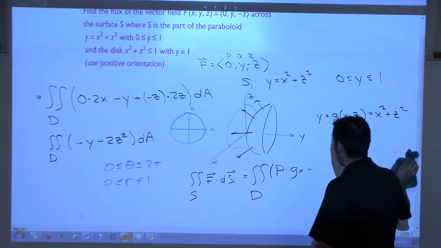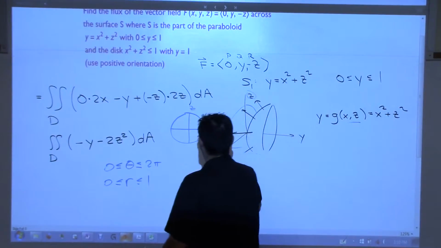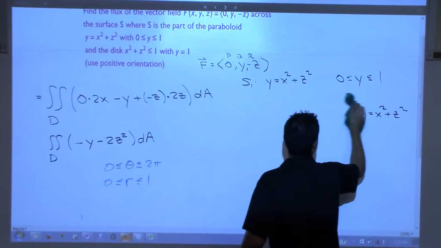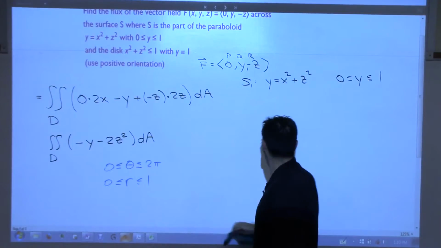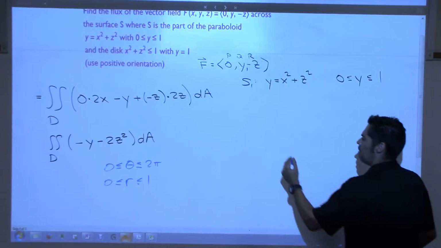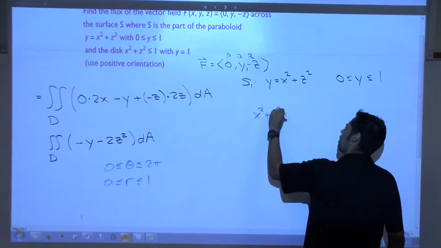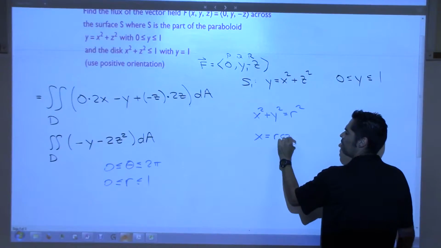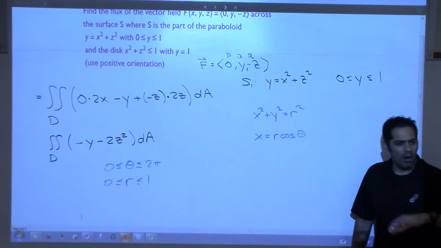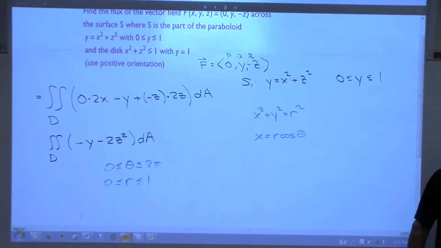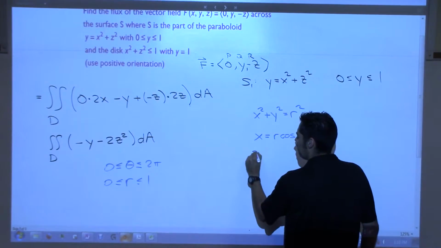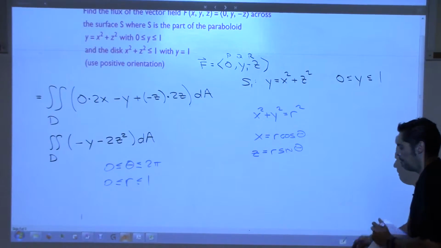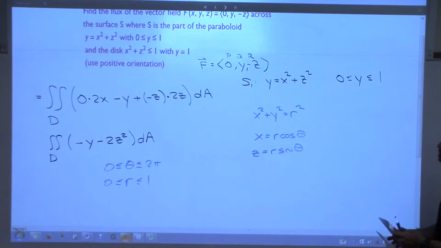Now, what are the conversion identities that I can use here? I can replace what with what, if I'm going to use the polar coordinates? Anywhere I see x squared plus z squared, I could replace it with r squared. I can replace x with r cosine theta, but not y, right? Not y is r sine theta. It's actually z, because we were in the xz plane. So those are our polar conversions that I'll use.